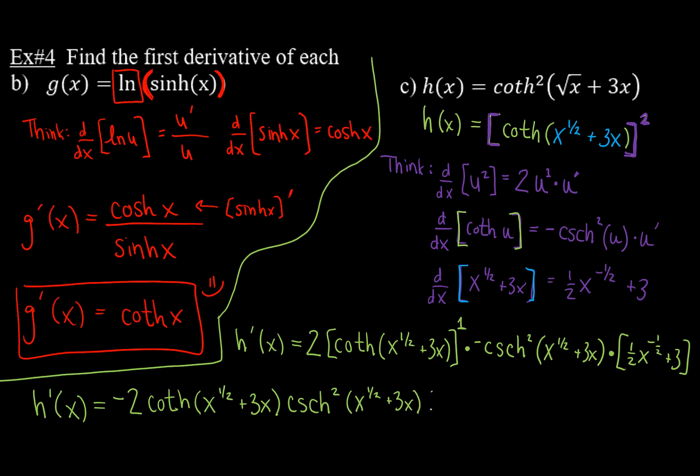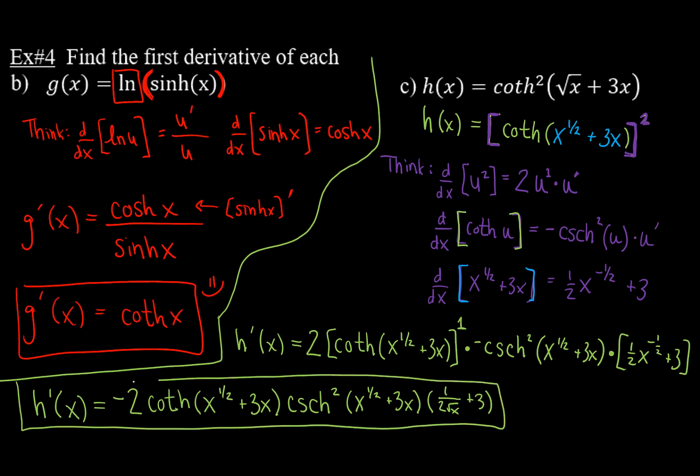And then I have this last binomial here of my 1 over 2 square root of x plus 3. And that's going to be my final answer.